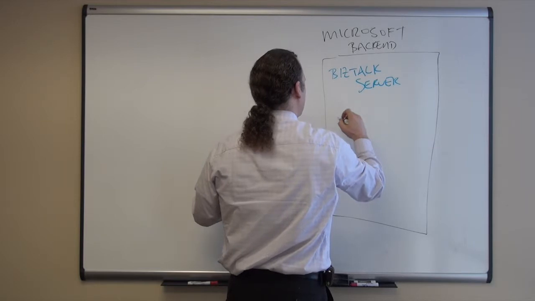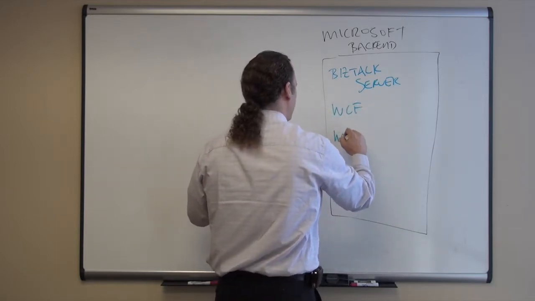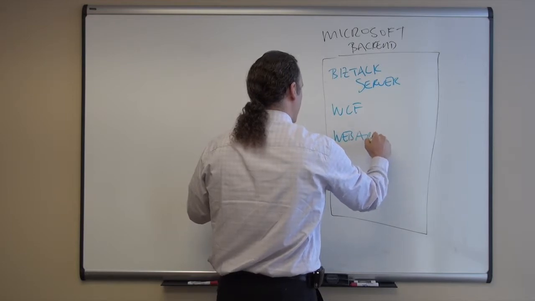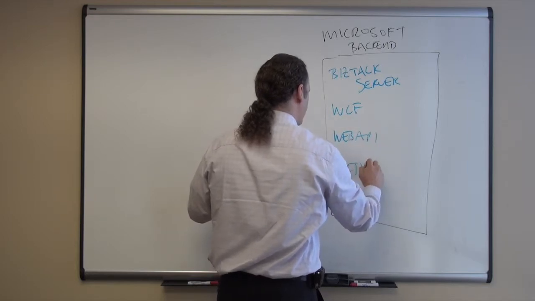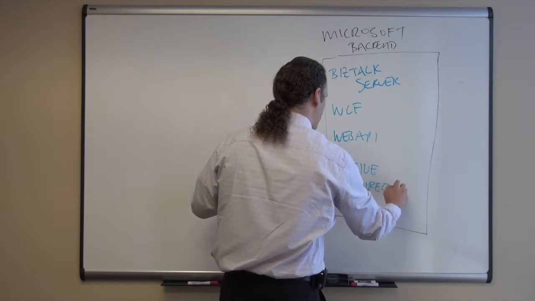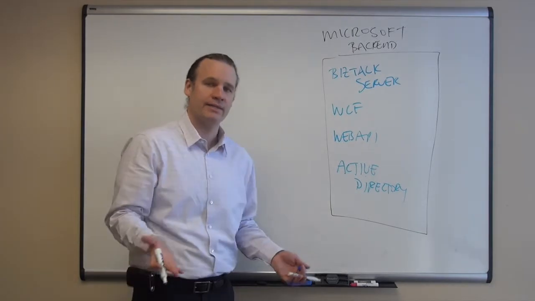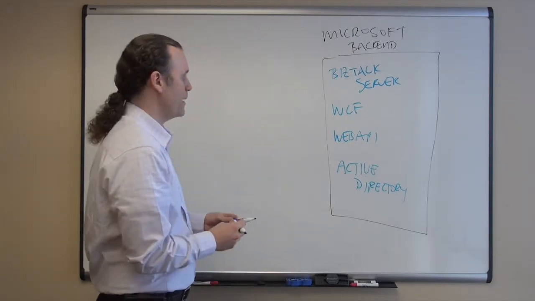We also have things like WCF to build services. We also have things like Web API. And for security, of course, we have Active Directory. So this gives you an idea of some of the key technologies that make up a typical Microsoft backend.